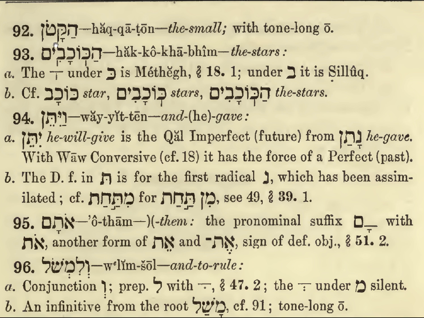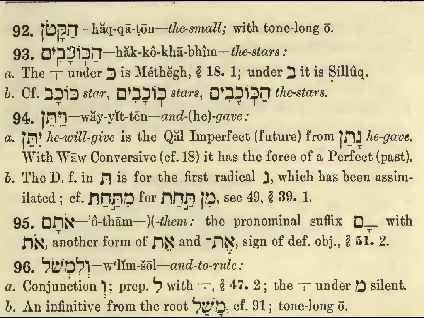Hakaton. This small, the usual formation of this, ha with the dagesh forte, hak, and then katon with a tone long ah here. Hakaton. Hak ko cha beam, which is how we break it up. Normal formation of the definite article, ha with dagesh forte, hak, accent here, and another one at the end.